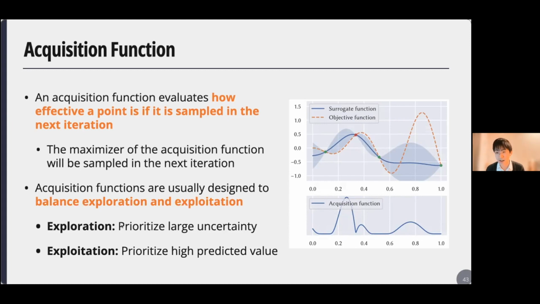Exploration means it prioritizes the region with large uncertainty, and exploitation means that it prioritizes the region with high predicted value. For example, in this image, the acquisition function value is large, around 0.25, because both the predicted value and the uncertainty are large around here.